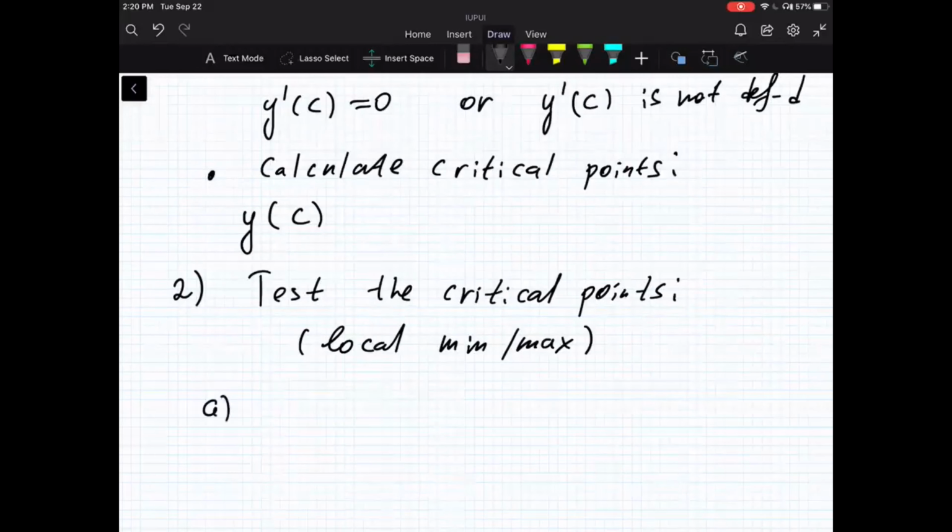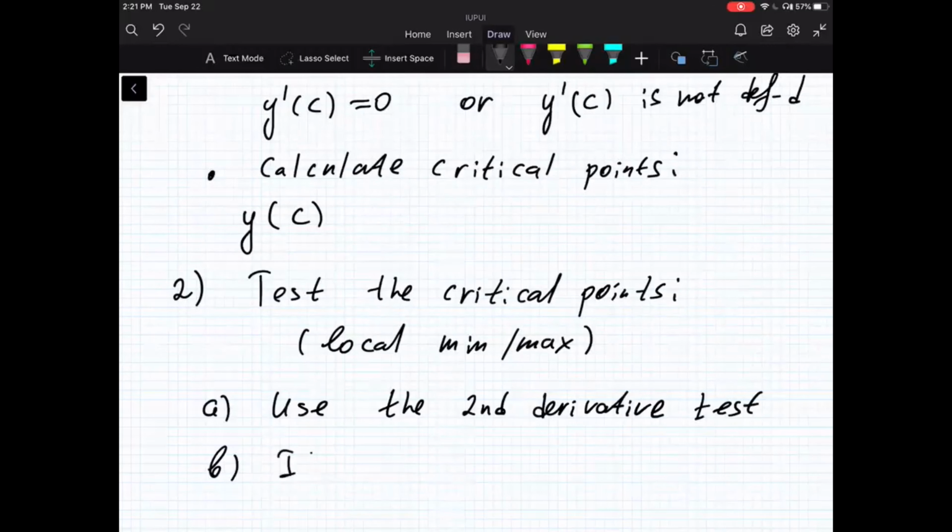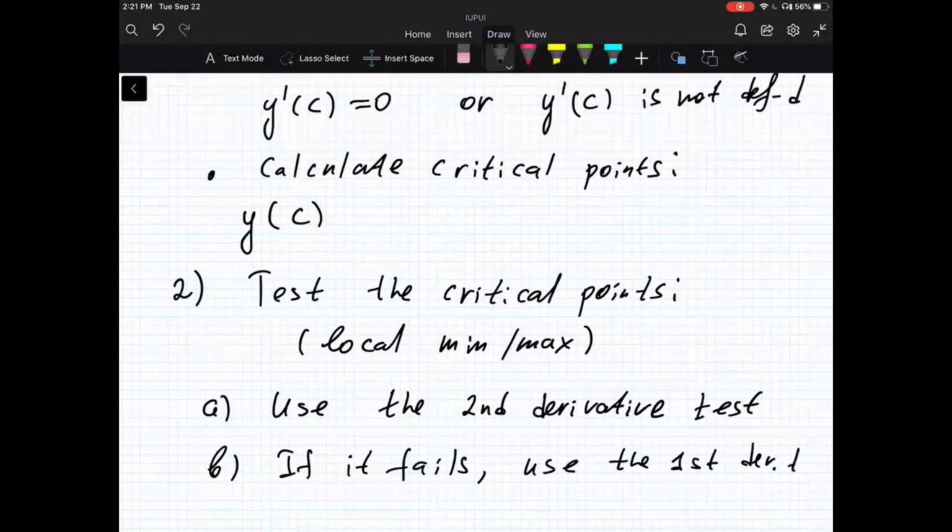And how you can do that? Either you can use the second derivative test, right? Or if it fails, use the first derivative test.